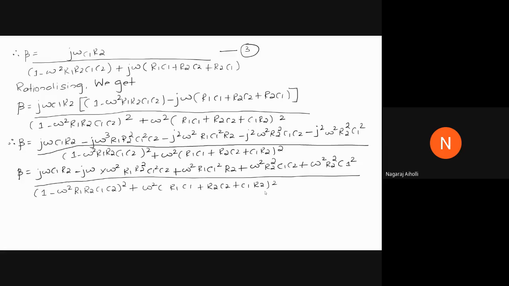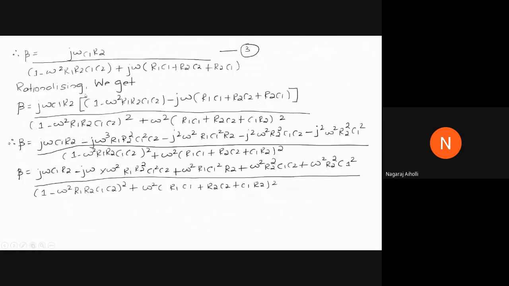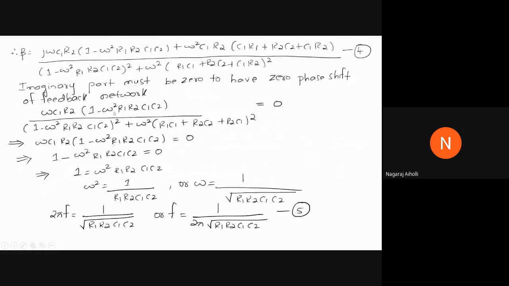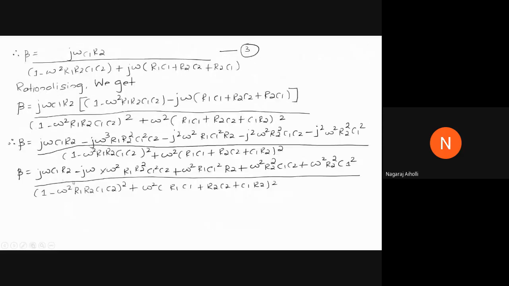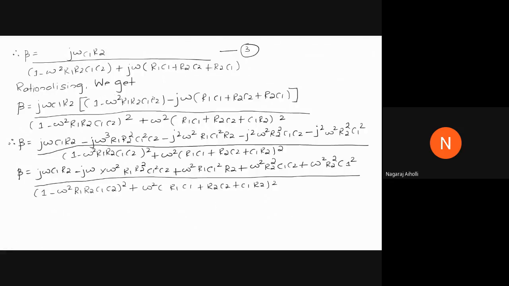Okay, so the same equation is rewritten. Beta is equal to j omega c1 r2 taken common. Wherever there is j omega, here also there is j omega, so j omega c1 r2 is taken common.